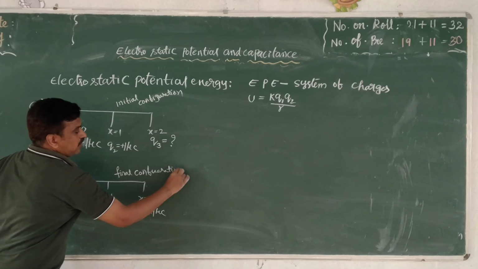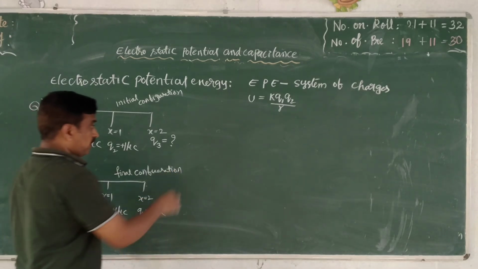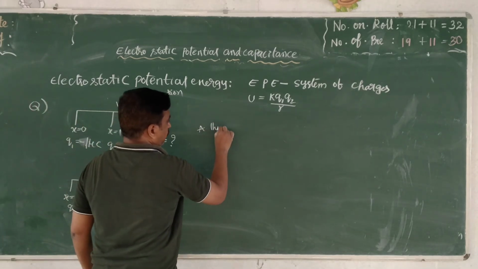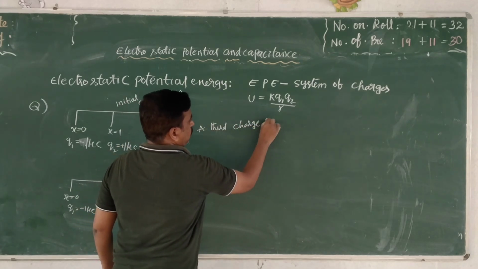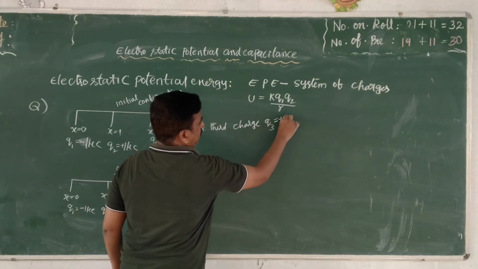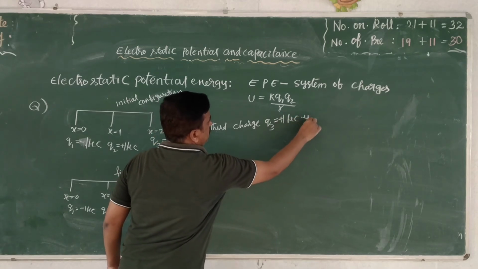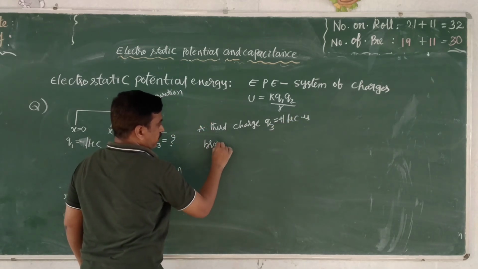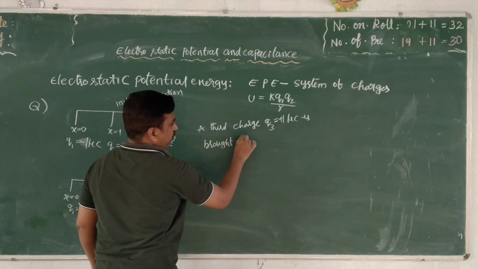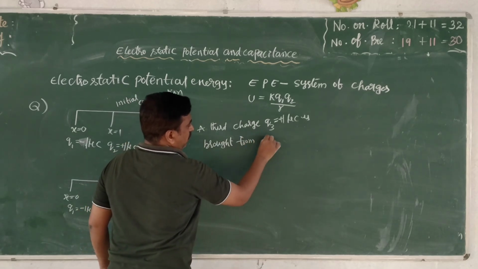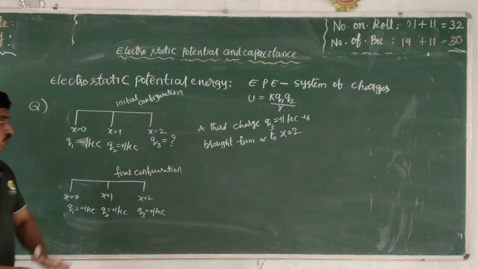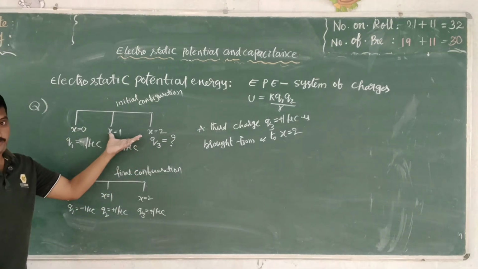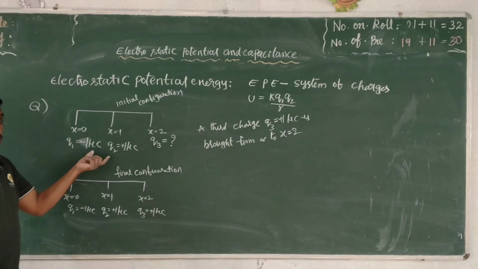So the problem is this: a third charge q3 equal to plus 1 microcoulomb is brought from infinity to x equal to 2 distance. In the initial configuration no charge is there at that point, and only U2 is there.